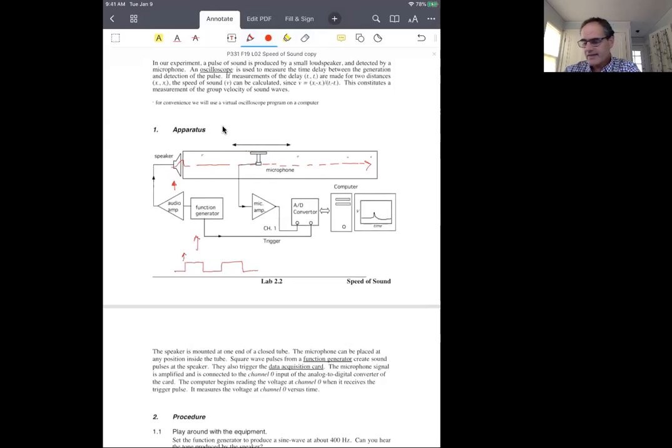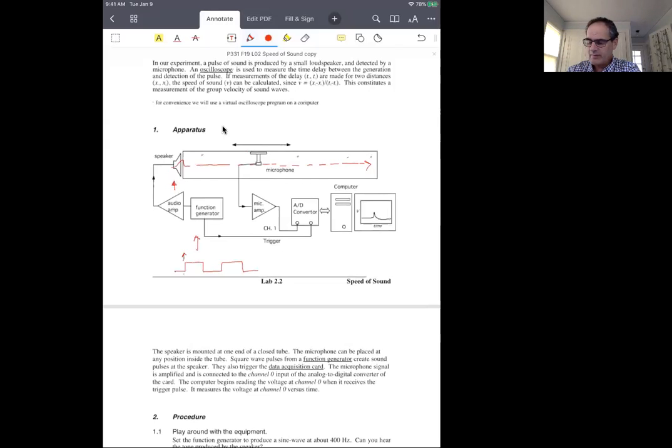The reason is that inside of the speaker, there is an electromagnet that's attached to the cone of the speaker. And when the voltage goes from low to high, the current through the electromagnet will suddenly change. And that will cause the electromagnet to move inside of the speaker. And that will produce a pulse of sound, much like striking a drum.